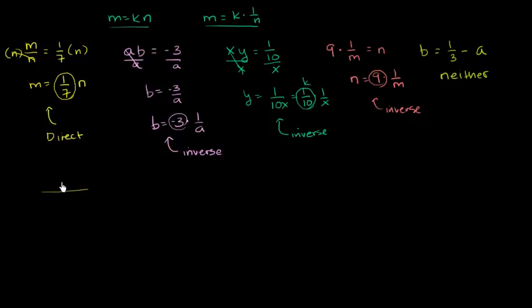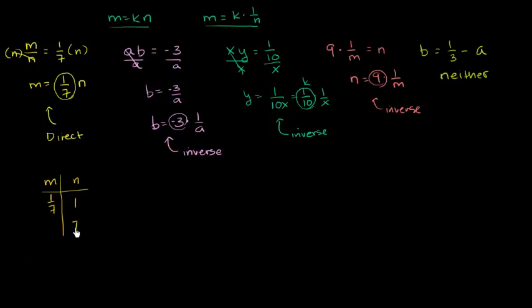In direct variation, if you scale up one variable in one direction, you would scale up the other variable by the same amount. So let me do this with m and n. The way I've written it here, although you could algebraically manipulate it so that one looks more dependent than the other, when n is 1, m is 1/7.